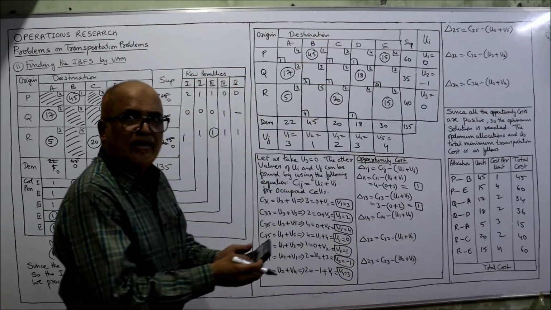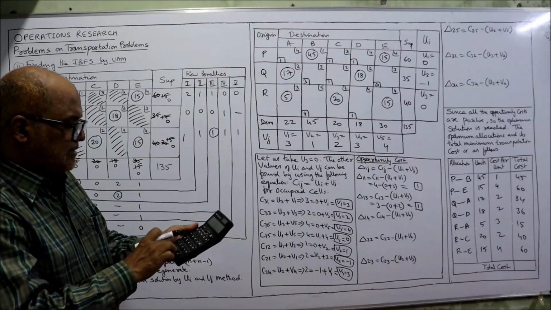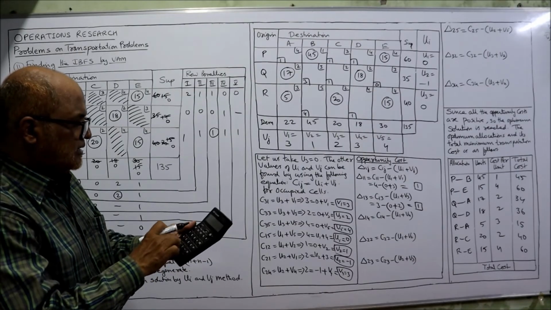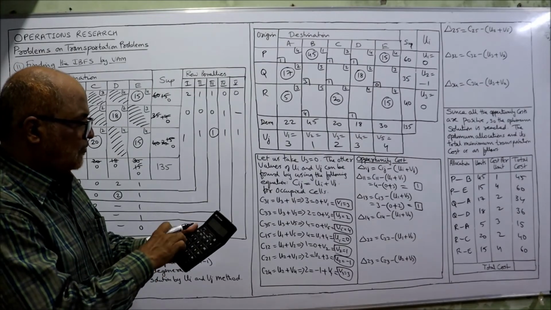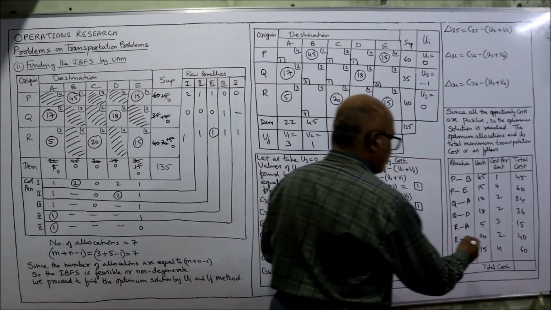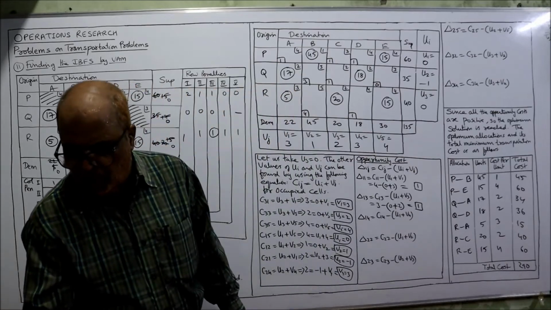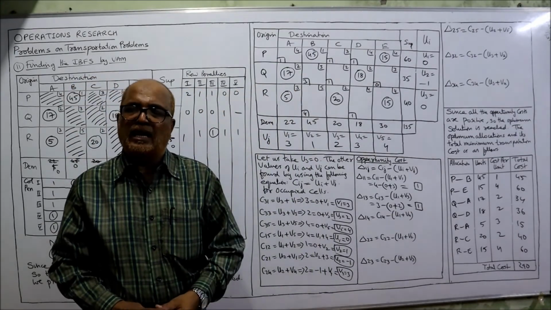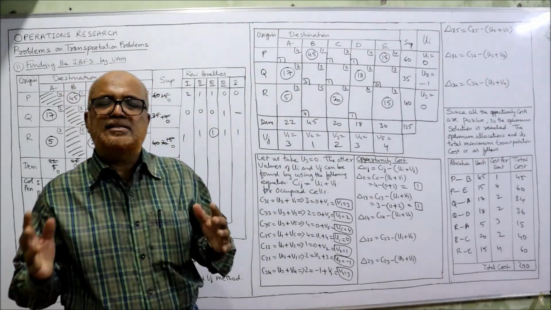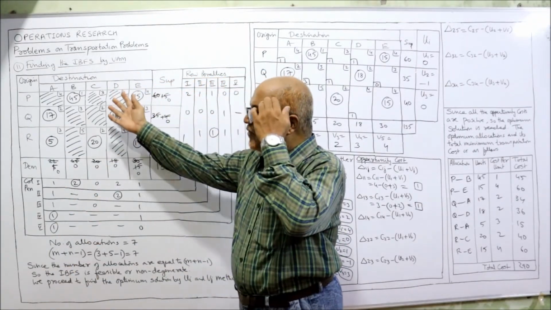Now find the total. 45 plus 60 plus 34 plus 36 plus 15 plus 40 plus 60. It comes to 290. That's all.